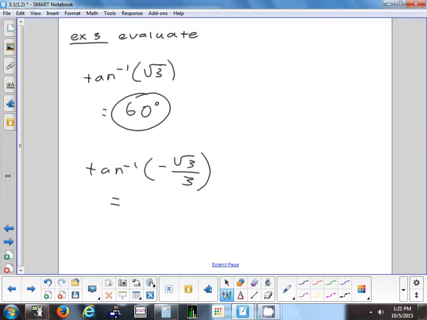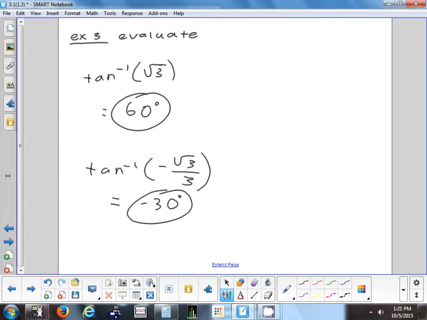How about inverse tangent of negative root 3 over 3? Negative 30? Yep, looks like negative 30. Good. Okay, any questions on that? Or anybody not seeing where we're finding these answers?